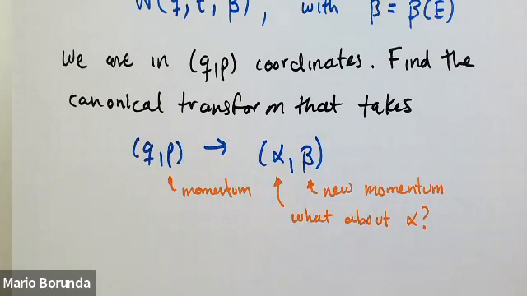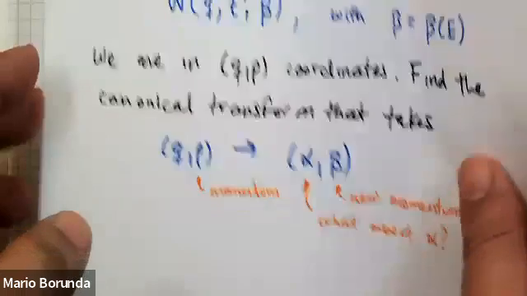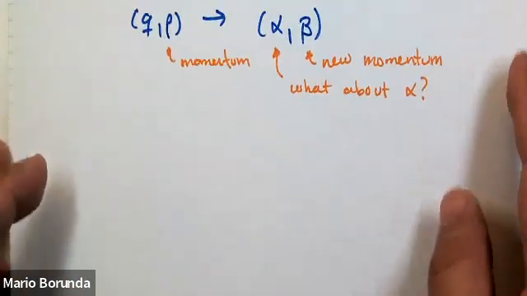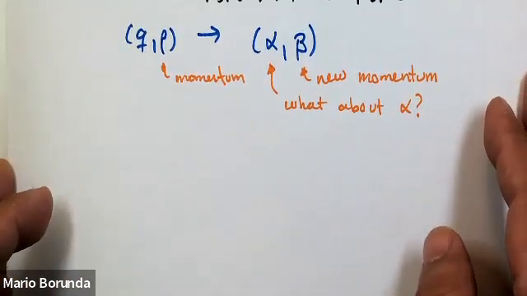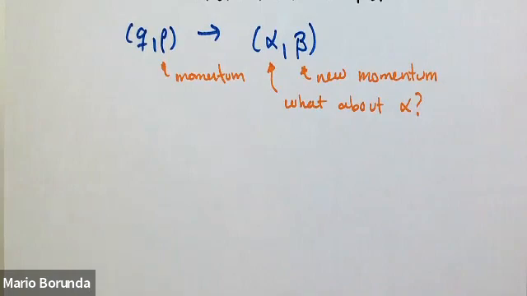All right, let's get started with this. You guys remember how to do this? No? So what we're going to do is change coordinates and they have to be canonical.